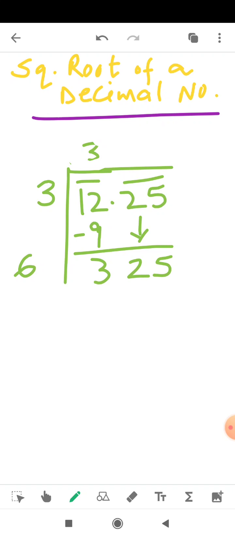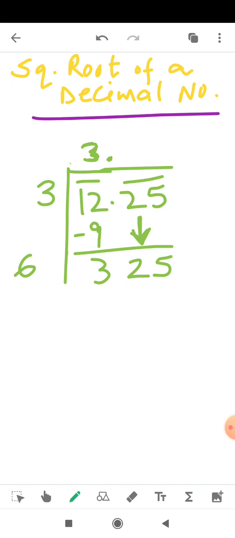I repeat, when you bring down the pair which comes just after the decimal, then you will put a decimal here in the quotient.